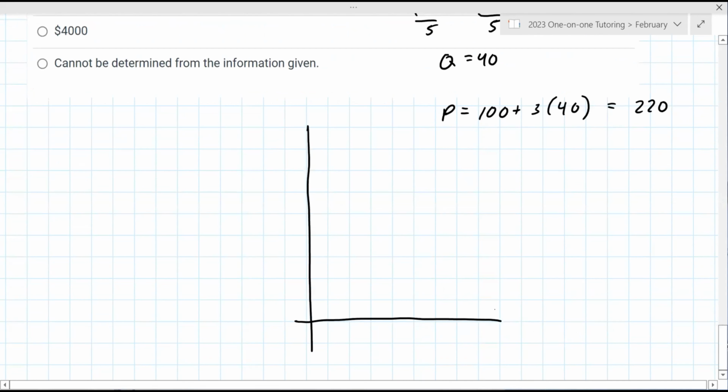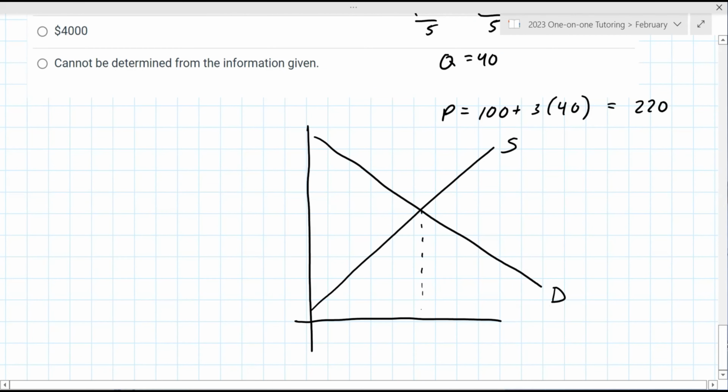There are two curves, the supply curve and the demand curve, and that has to be really clear. The quantity is 40 and the price is 220. Is that all right?